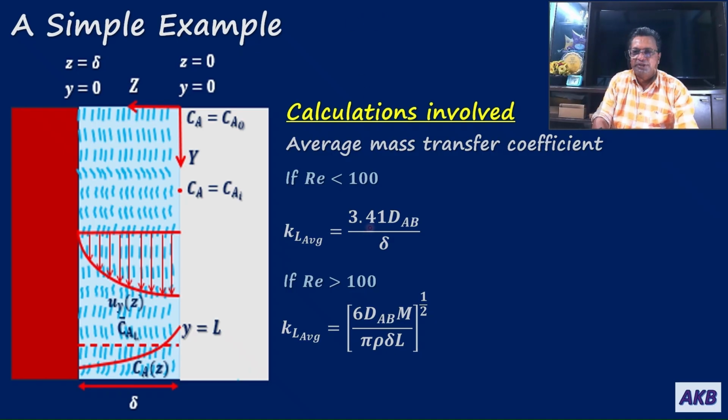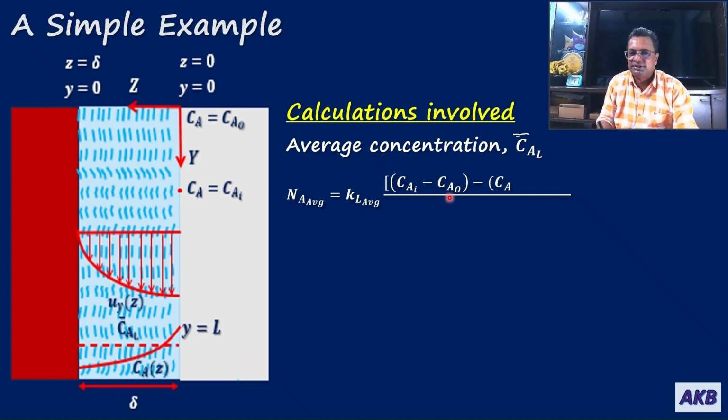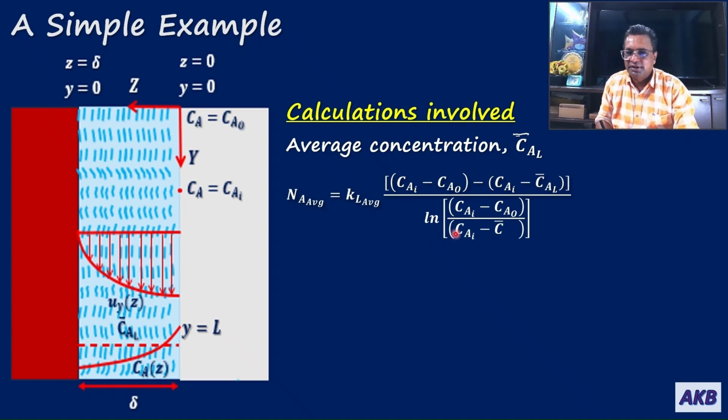Let us move ahead. Next, you have to get the average concentration, that is CAL bar, and for that we will be using the equations for NA average. NA average is KL average into (CAI minus CA naught minus CAI minus CAL bar) divided by ln of (CAI minus CA naught divided by CAI minus CAL bar).